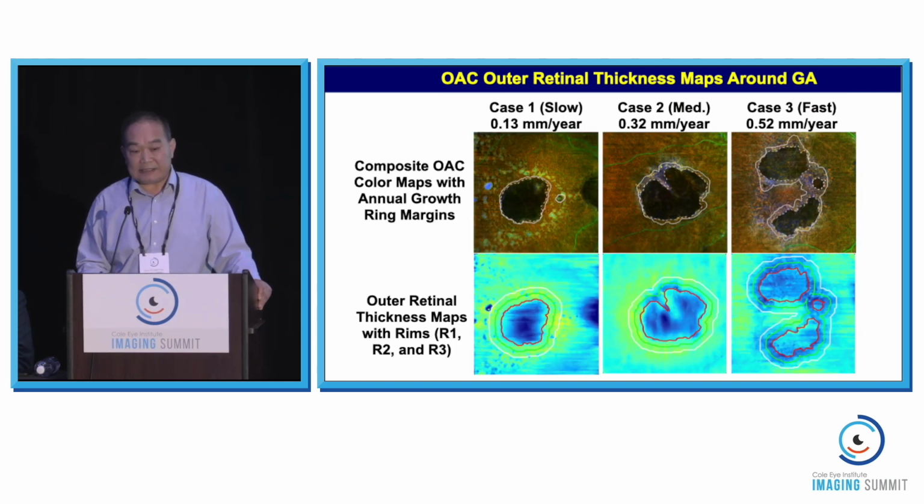And so this is the example of the outer retinal thickness map for the slow rate of the GA growth, median rate and faster rate of the GA growth. And the bottom is the outer retinal thickness map. And as you visualize that, the correlation is actually quite good.